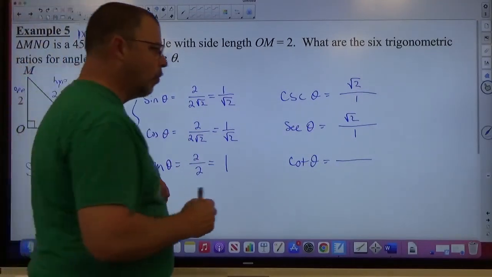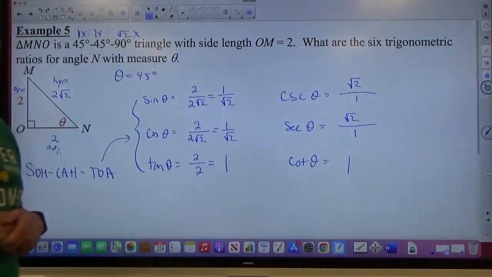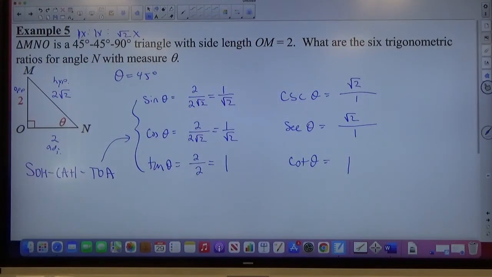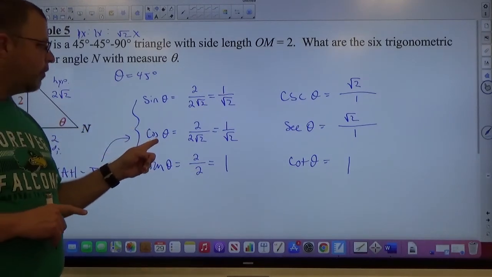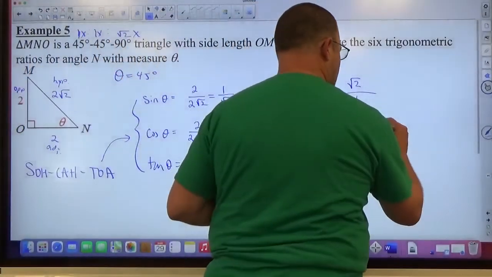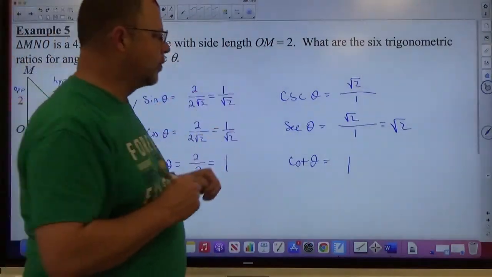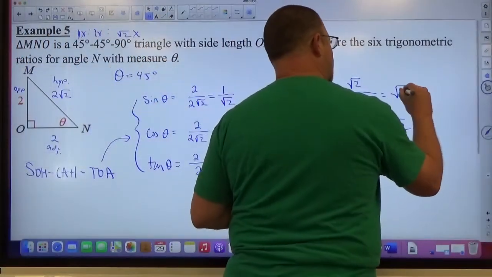The reciprocal of 1 is 1. So tangent of 45 is 1, cotangent of 45 is 1. Cosine of 45 is 1 over the square root of 2, secant is the square root of 2 over 1, also known as the square root of 2. Sine is 1 over the square root of 2, cosecant is the square root of 2 over 1, also known as the square root of 2.